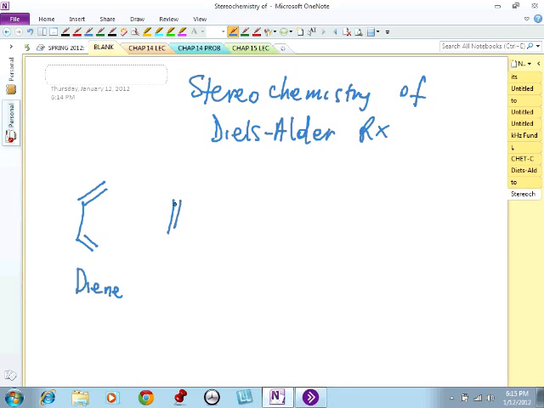And if you start with this dienophile, you notice that the dienophile is a cis alkene in which the substituents are on the same side. These two substituents here, this cyano group and this carbonyl group, are on the same side of the carbon-carbon double bond.